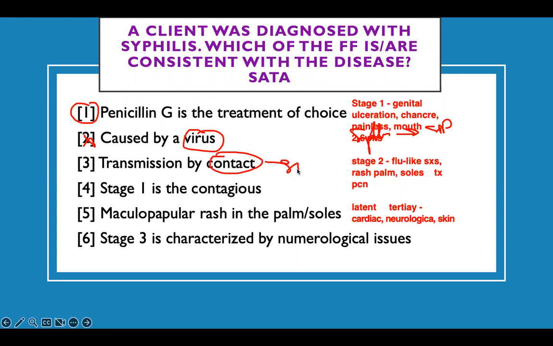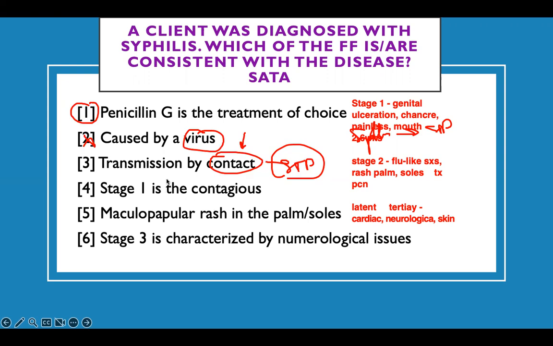It's by STD, sexually transmitted disease. So the word contact is very deceiving. That doesn't mean if I get closer to you and touch you, I'm going to get syphilis. No, it's sexually transmitted. It has to involve some form of anal sex, oral sex, or vaginal sex for transmission to occur.